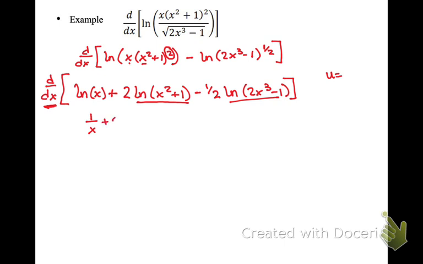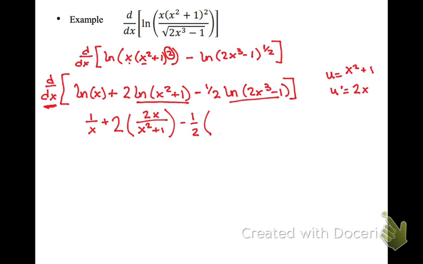So I'm going to come over here, and the next one, u is what? u is x squared plus 1, and u prime is 2x. So I have my half, and it's u prime, 2x, over x squared plus 1, minus a half. Am I going too fast?